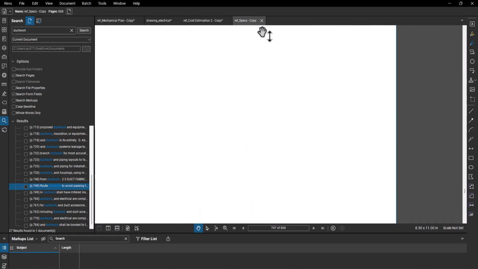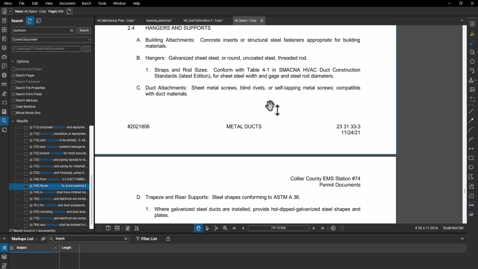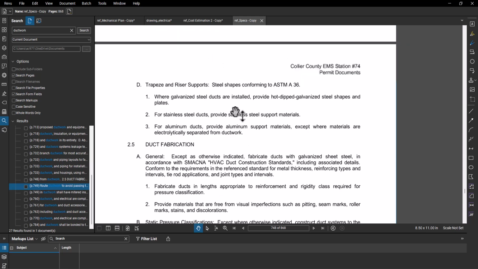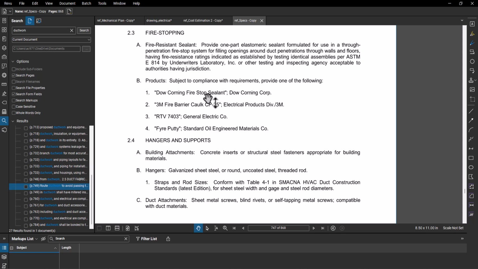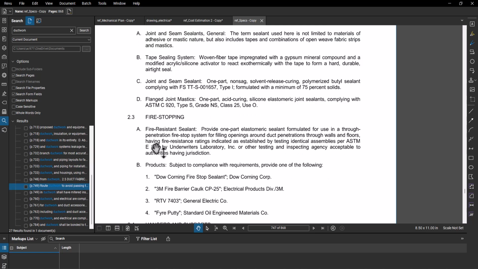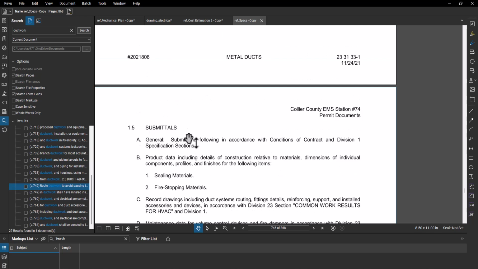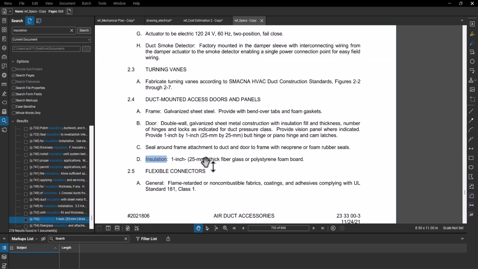Sometimes the spec might not give you a specific type of material for insulation. Then you can pick the default one. For example, over here they say fiberglass or polystyrene foam board.